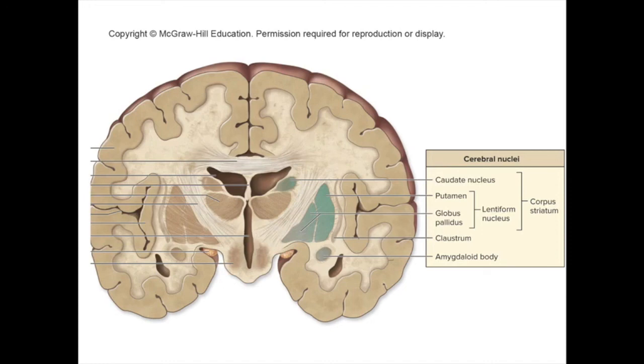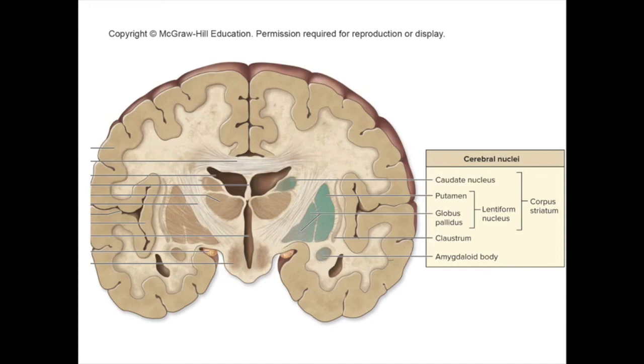But again, we are going to focus essentially on the caudate, the putamen, and the globus pallidus. Altogether, these three are called the striatum, or the corpus striatum. The putamen and the globus pallidus are called the lentiform nucleus.